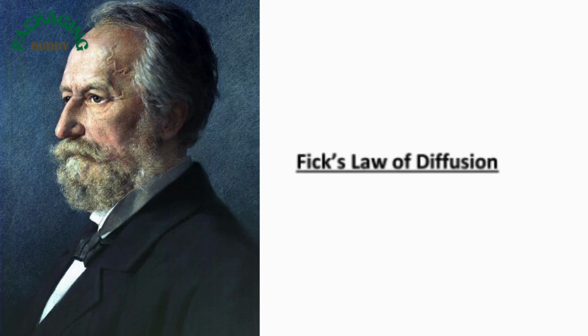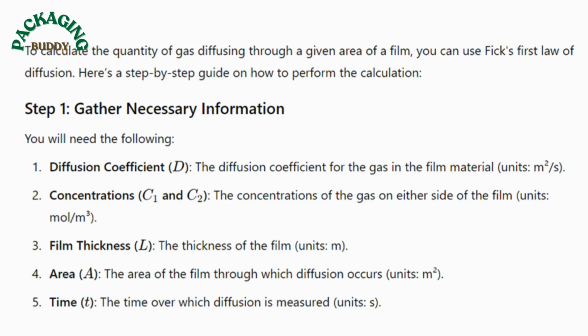To calculate the quantity of gas diffusing through a given area of film, we can use Fick's law of diffusion. Here we will see a step-by-step guide on how to perform the calculation. Step 1. Gather necessary information. We will need the following details.